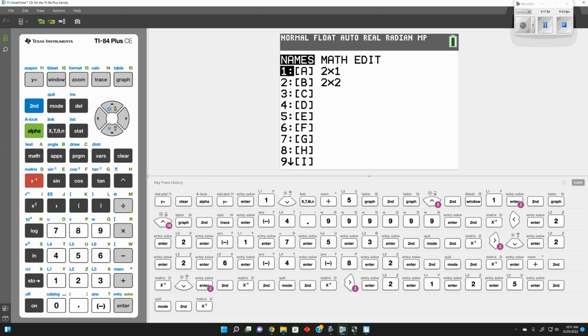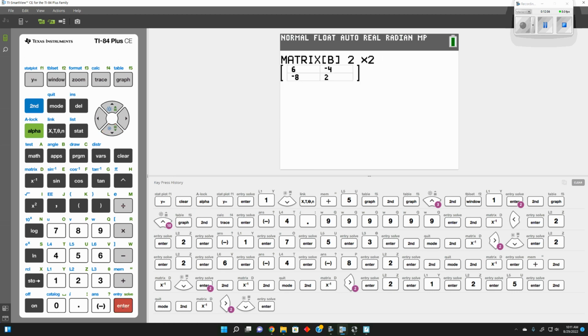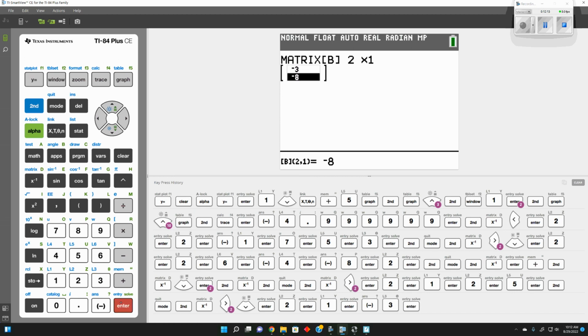So we can go second matrix, over to edit, but this time we don't want to edit matrix A, we want to edit matrix B. And you hit enter. And again, it's a 2 by 1. And our first number is negative 3. And the other number is 0.